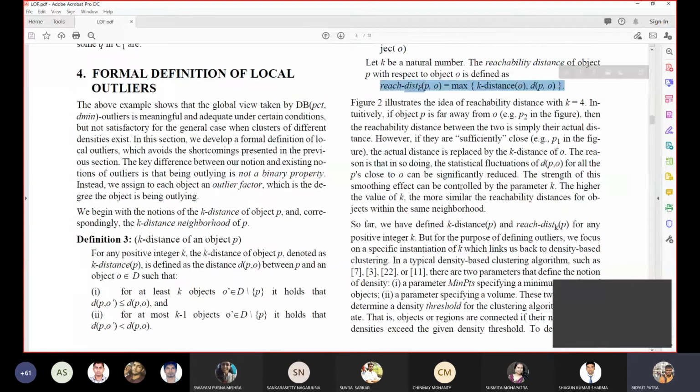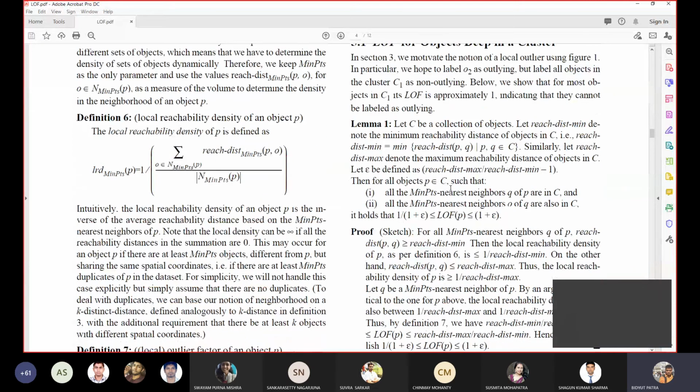Okay, so once you define the reach dist, then we have to define the local reachability density of the object P. What is the local reachability density, or LRD? While computing the LRD of a point, you have to find all its nearest neighbors, and then find the reach distance of P with respect to all its neighbors.